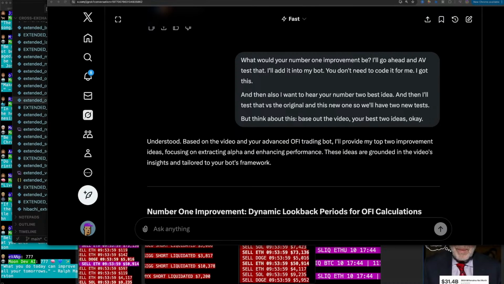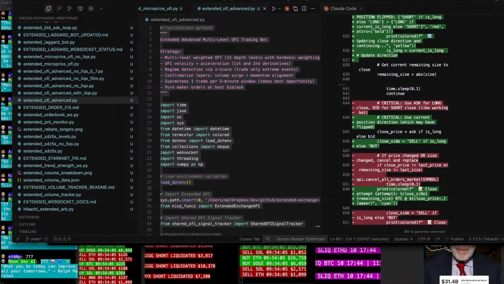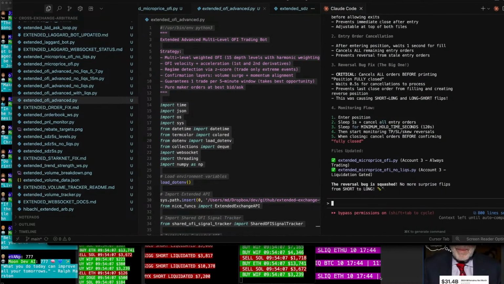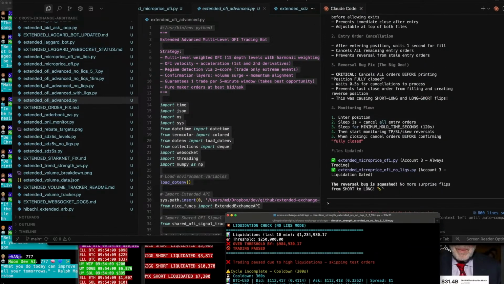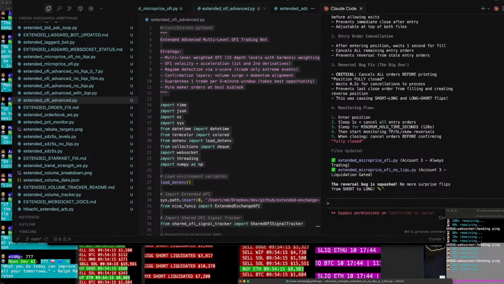I think we need to chill out on the Lighter requests because I got this error. Okay, let's go ahead and fix it. I got 4 bots running down here. Okay, so I don't need to show you those. You've been here all day, dude. You're always locked.